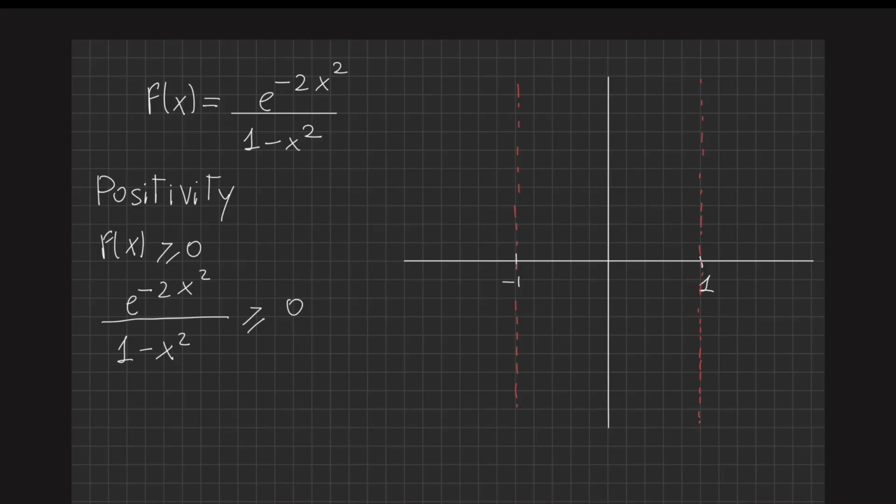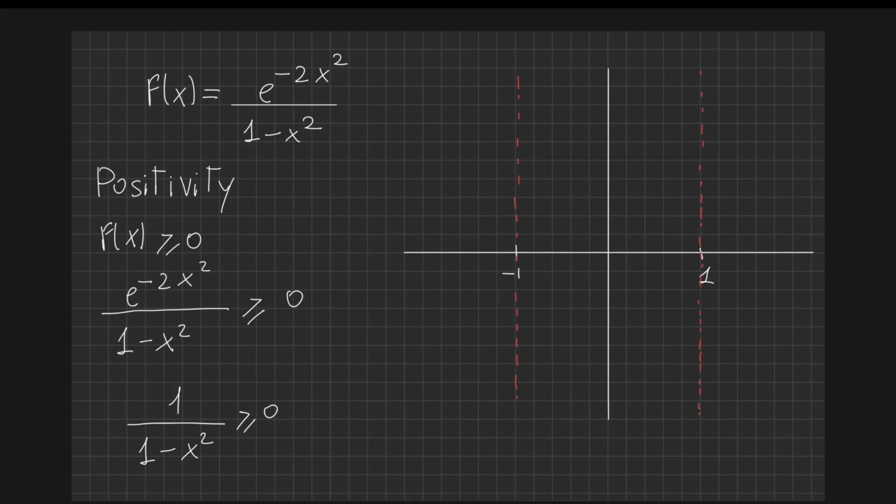Now we have to think a little bit, because the numerator can never be negative or even equal to 0, because it's an exponential. So we can divide by it on both sides, and we deduce that our function is positive when 1 over 1 minus x squared is bigger than or equal to 0.